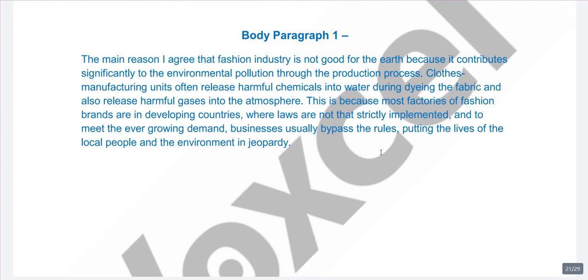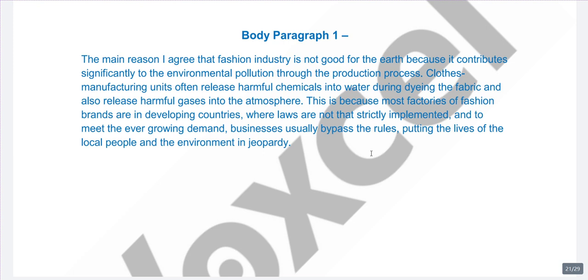So what they usually do in the developing world, where the corruption is at its peak, is bribe the corrupt officers and bypass the rules and keep their processes and machines running for high profits, whether they are harming the environment or not. They don't worry about that.